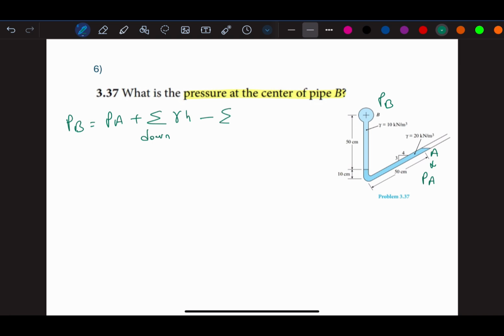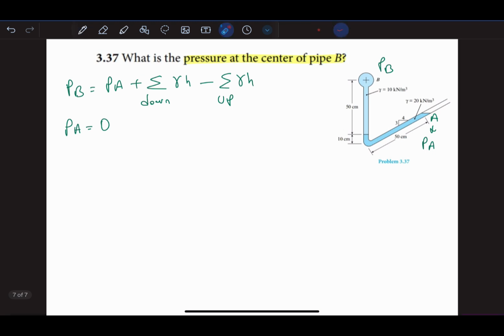The pressure will be same, but this time we will have negative values. And also, this manometer is open to atmosphere at A side. So we can basically assume that PA is equal to 0.